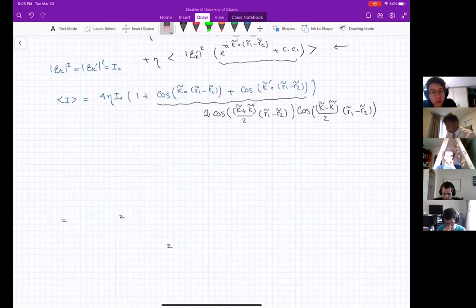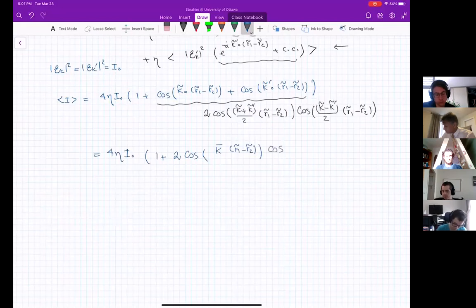Good. Excellent. So I have 4 eta I0 times (1 plus 2 cosine of k average dot (R1 minus R2)), where k average is the average between k and k prime.